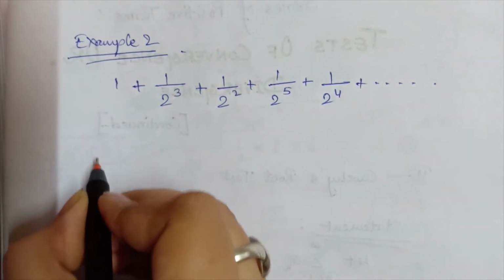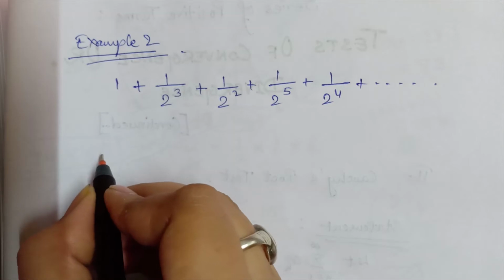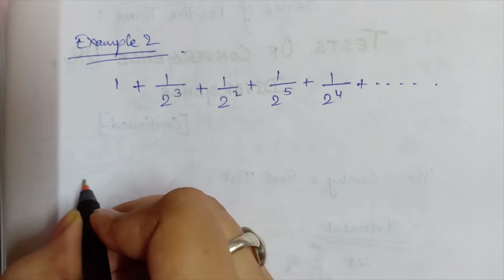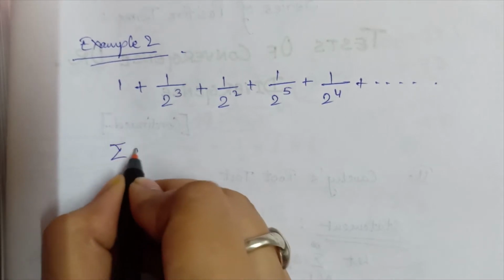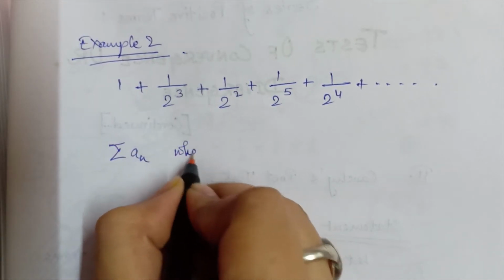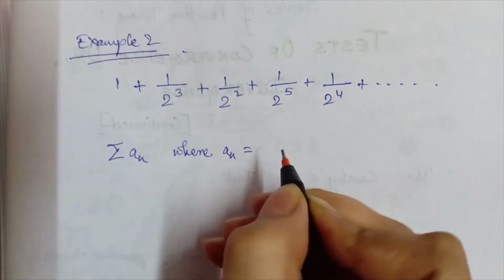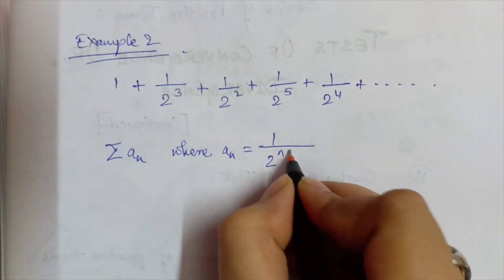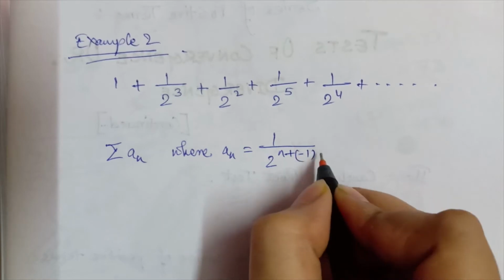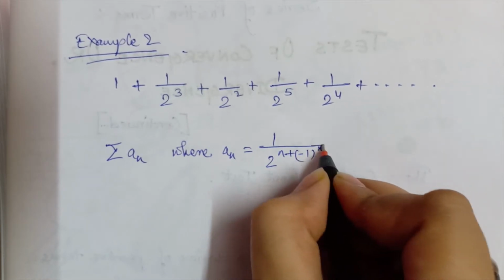Okay, so for the solution, first we need to know what an is. So this is a given series an where an equals 1/2 to the power (n plus minus 1 to the power n).